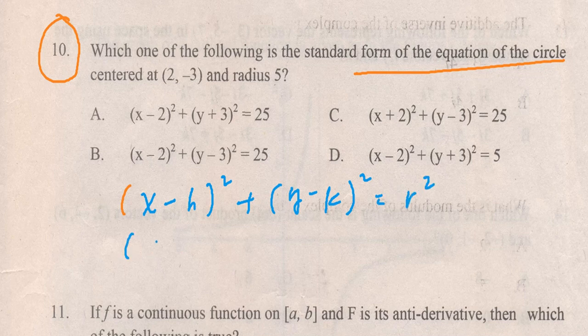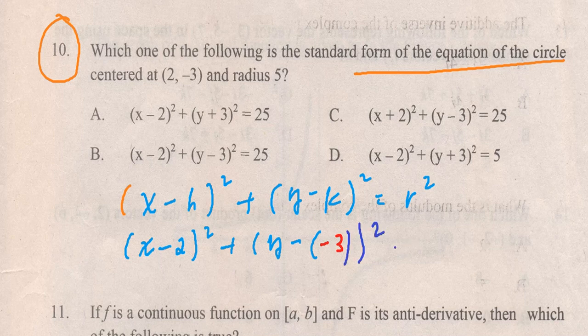Given: h is 2, k is minus 3, and the radius is 5. So we have x minus h, which is 2, the whole squared, plus y minus the value of k, which is minus 3, so here we put in minus 3. Squared equal to r, which is 5 squared.